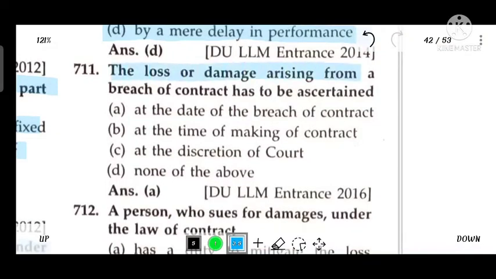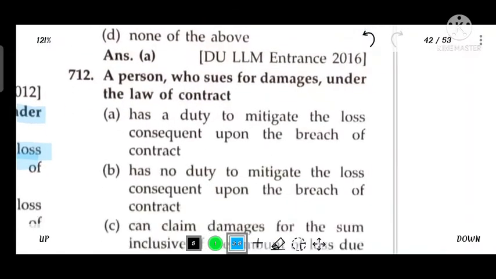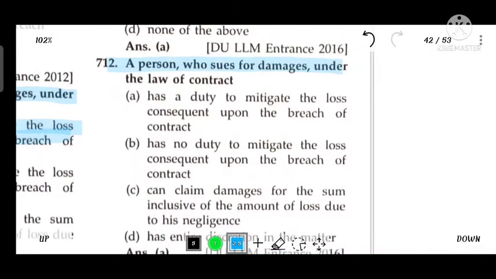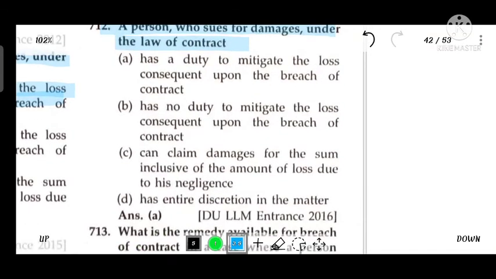The loss and the damage arising from the breach of contract is to be ascertained at the date of the breach of contract. A person who sues for damage under the law of contract has a duty to mitigate the loss consequent upon the breach of contract.